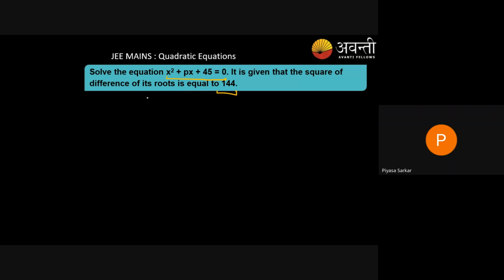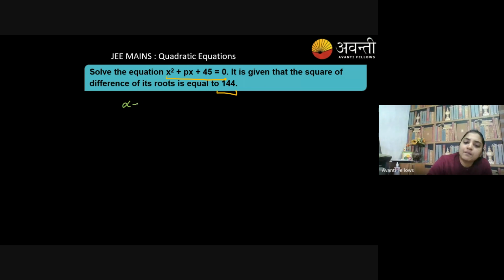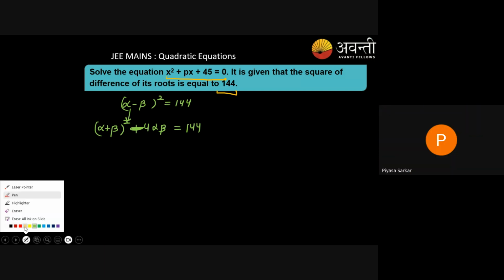Ma'am, we have to put the difference formula. Okay, it means alpha minus beta whole square is given to me as 144. And I can rewrite it as alpha plus beta's whole square minus 4 alpha beta, that must be equals to 144. Agree? Yes, ma'am.